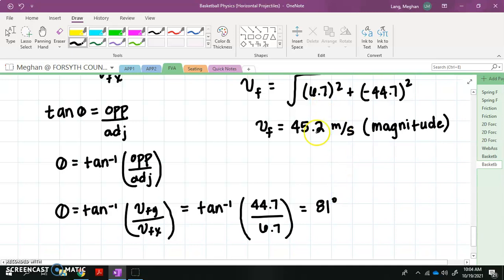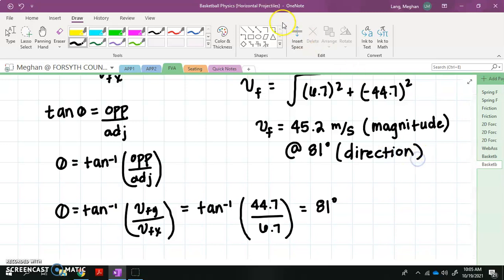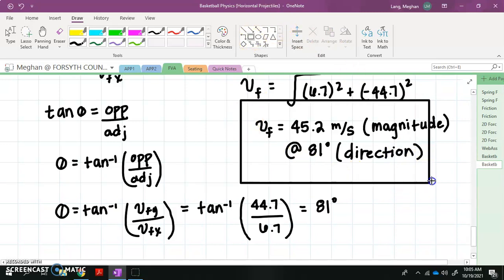But I just made up these numbers at random. So when I'm describing my velocity, I want to say it's 45.2 meters per second at 81 degrees. So that's my full answer of magnitude and direction for the final velocity as our object hits the water.